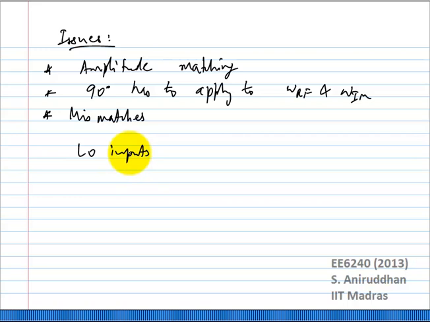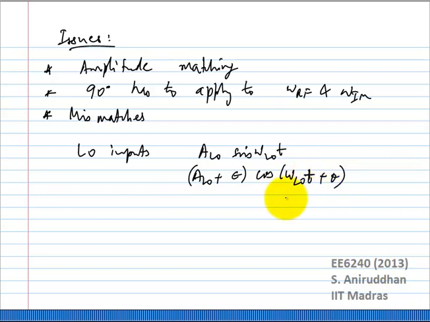So that is one easy way to do it. So you can assume that on one side you have A_LO sin ω_LO t. On the other side you have some (A_LO + ε) cos(ω_LO t + θ), right? And derive the amplitude and phase mismatches with respect to ε and θ.